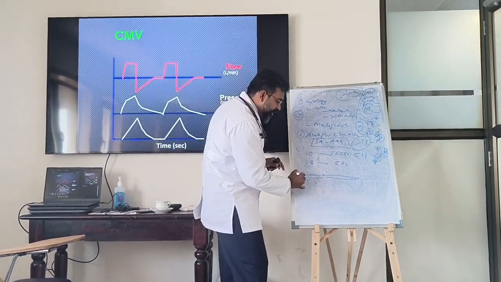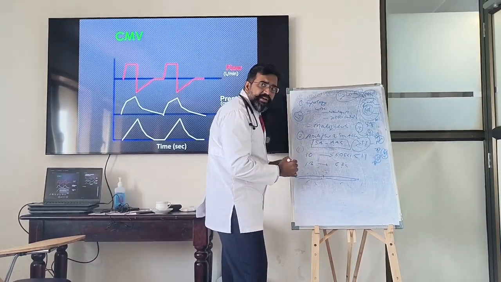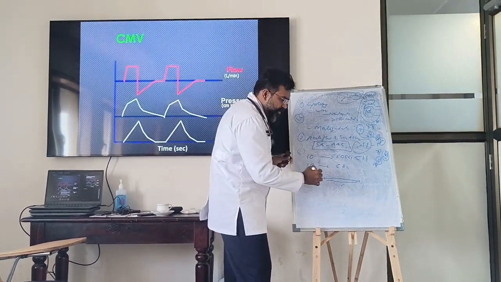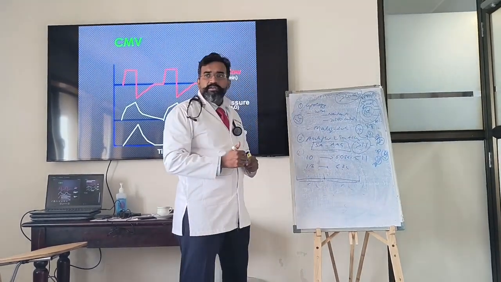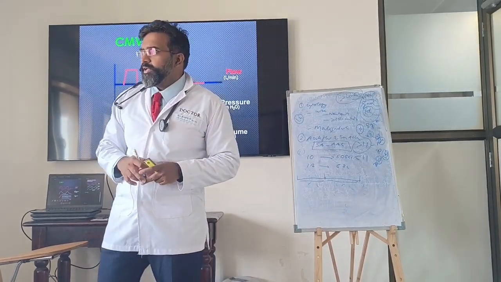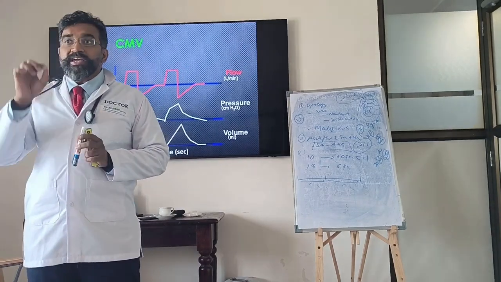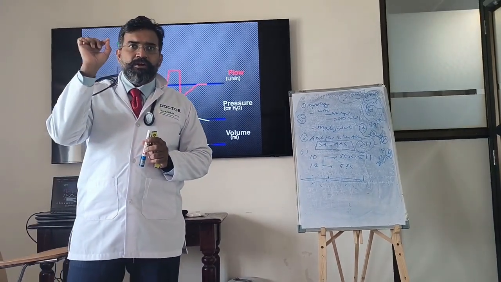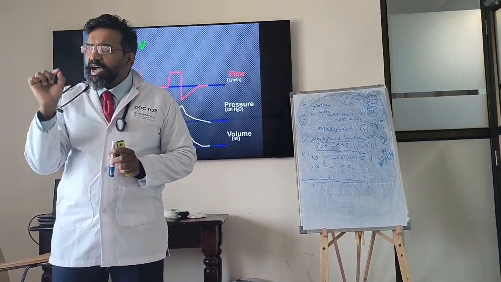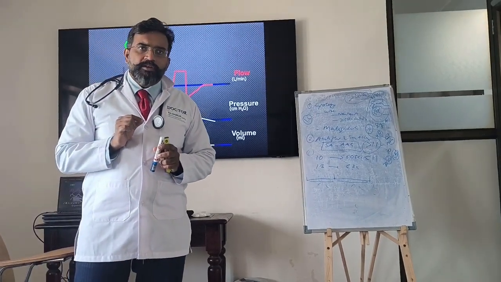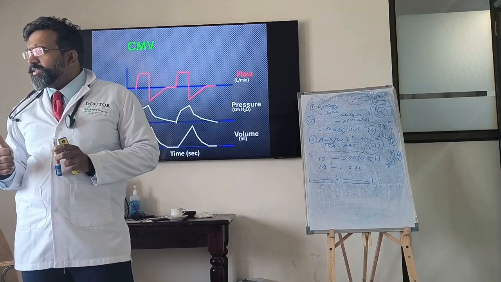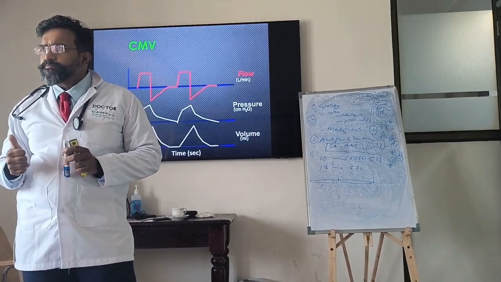The start of inspiration will be here, and here. With a time trigger, the trigger is only the inspiration. It is how the ventilator starts the breath. So time is one of the ways to start the breath.